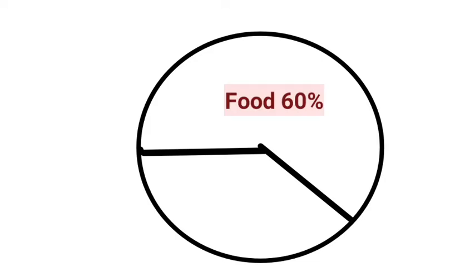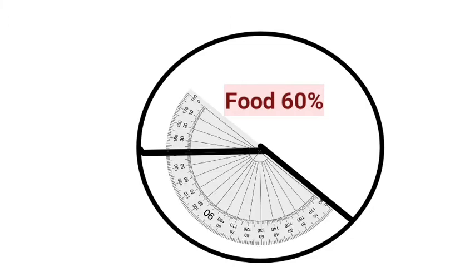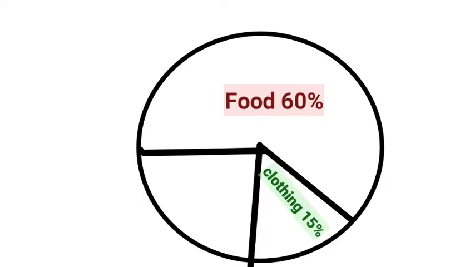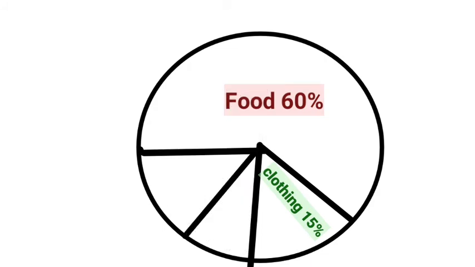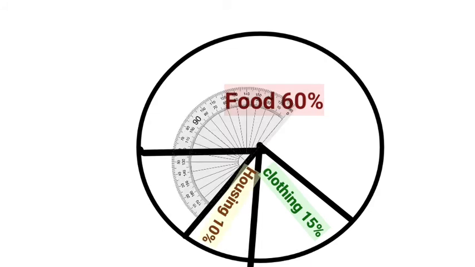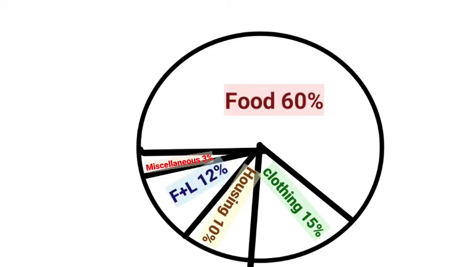This new line will be treated as the baseline for the next angle. Put the protractor on the new line and draw the new angle, and likewise you will draw all these sections. So that's how you make the pie diagram.